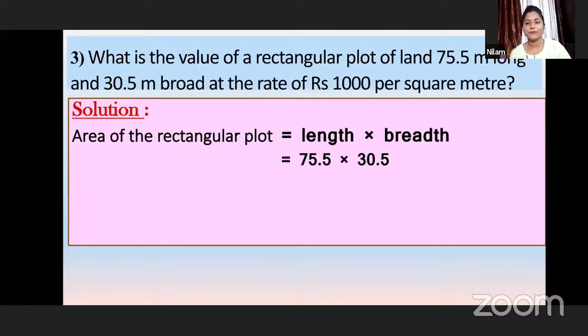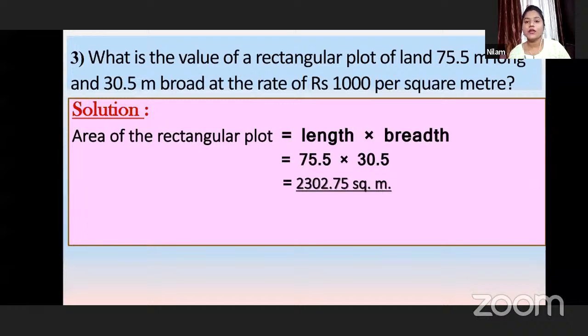Okay. So by putting these values in length and breadth, we get the answer 2302.75 square meter. So this is the total area of the rectangular plot.